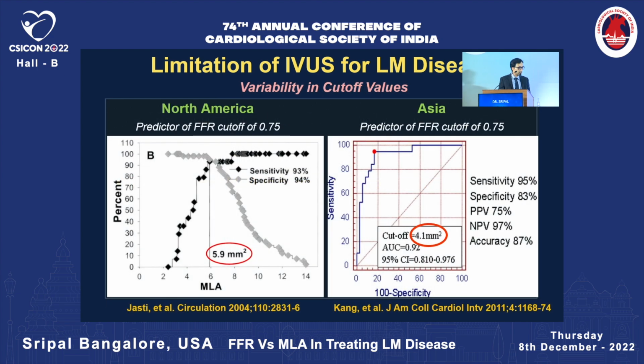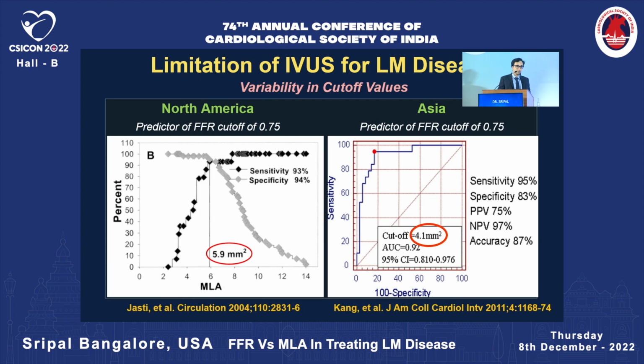The other limitation of IVUS in left main disease is what cutoff we use. Typically I use a threshold of less than 6 millimeters squared for considering something to be significant for left main stenosis. But of course, there is variability in cutoff values depending on whether you're looking at a North American population versus an Asian cohort.